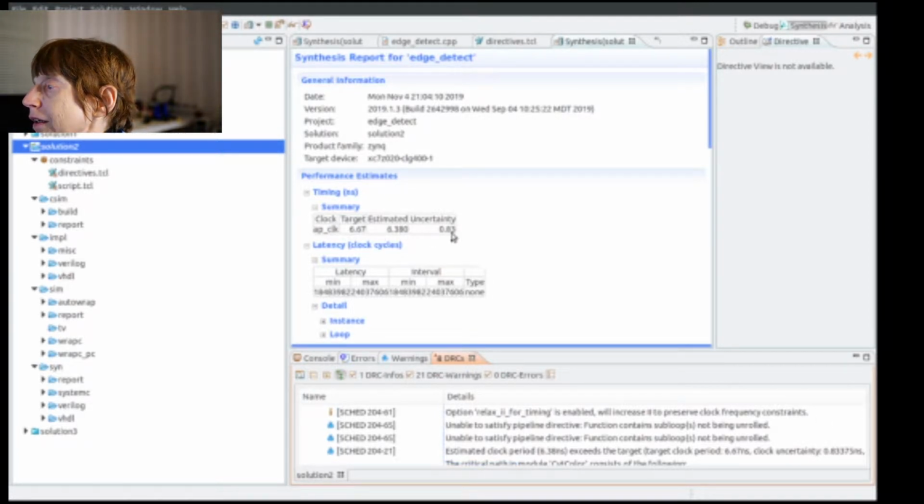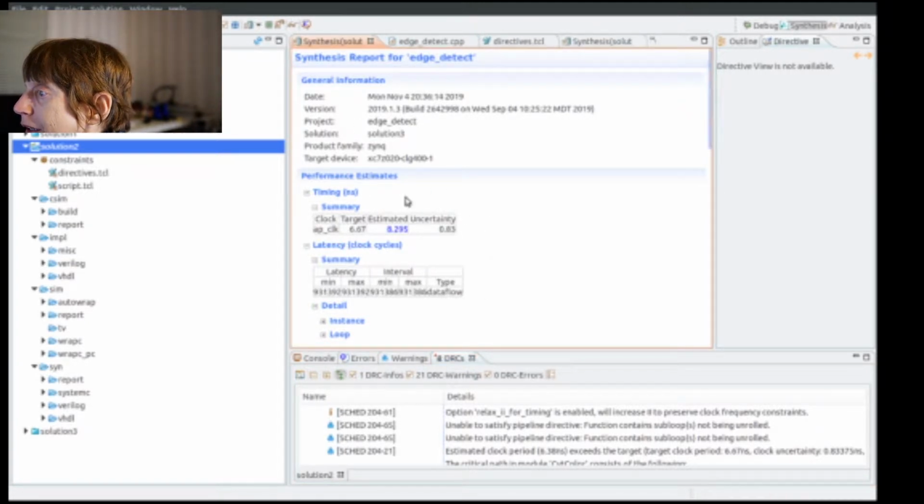It says that it exceeds uncertainty plus estimated adds up greater than the target. So ideally what you want is you want these two numbers to be less than the target.